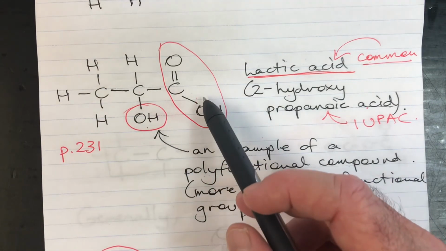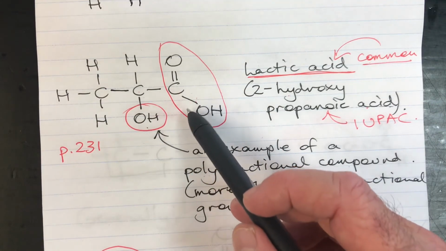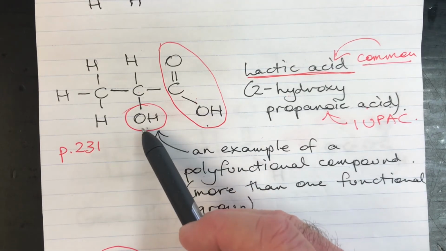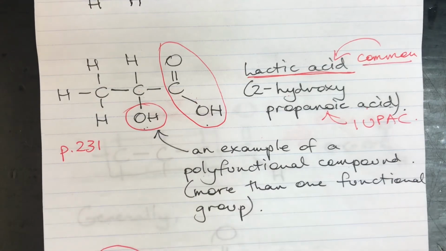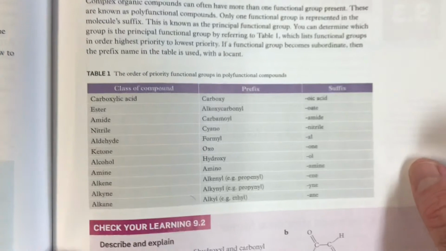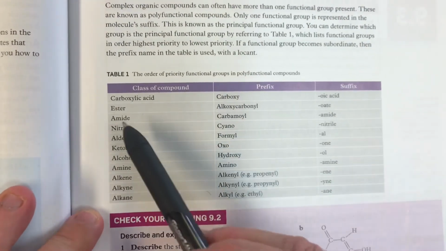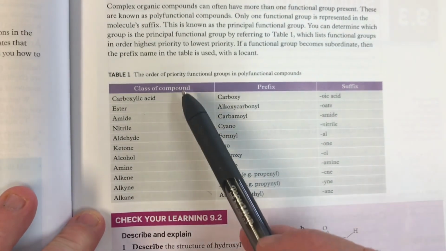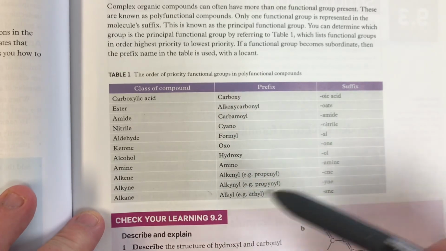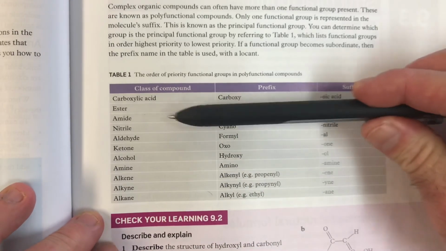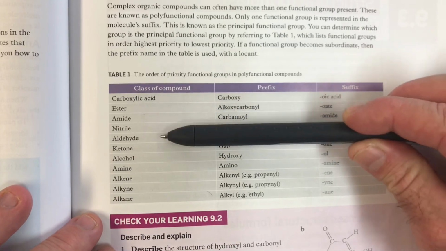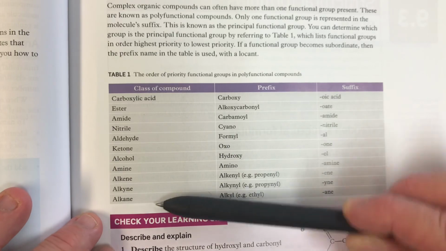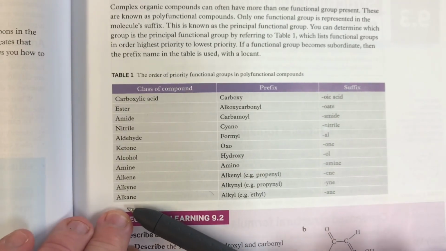So how do you know which one is the principal functional group and which one is the subordinate, the secondary functional group? Well, if you go to page 231 in your textbook, table 1 shows the order of priority of functional groups in polyfunctional compounds. Carboxylic acids are at the top, then esters, amides, nitriles, and so on, all the way to the bottom, where alkanes are the least.